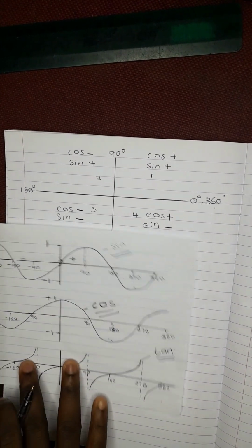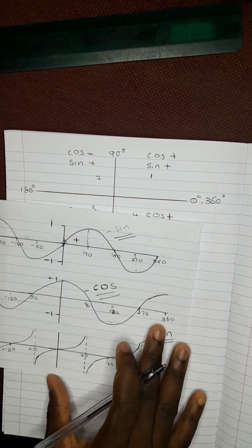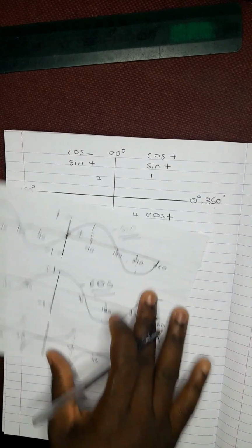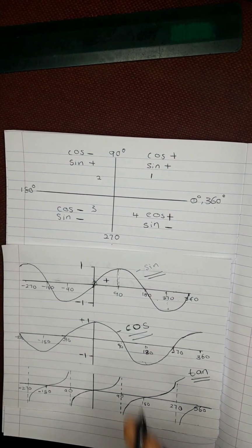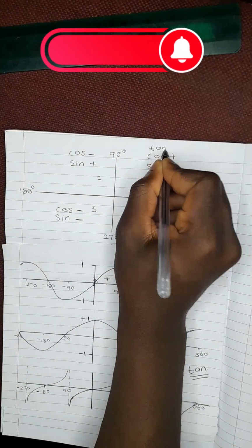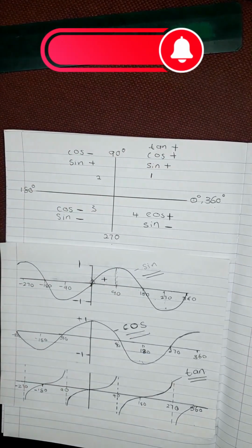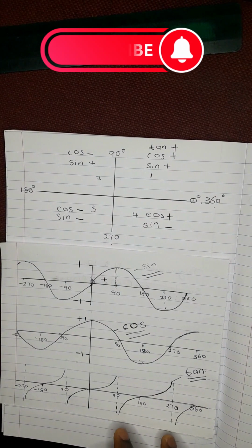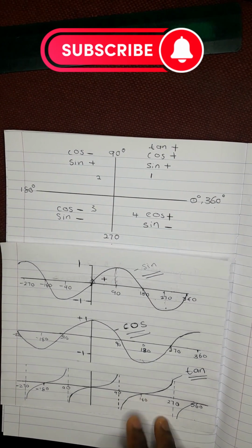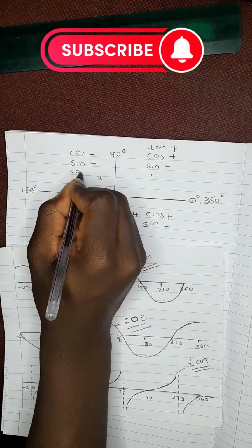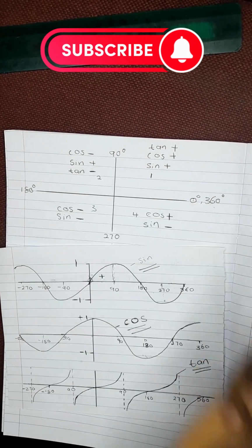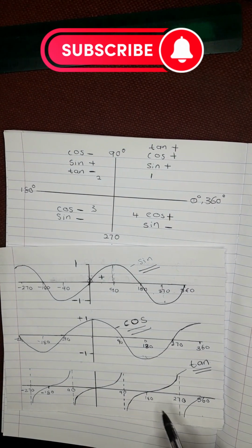Let us go to our tan graph. My tan graph shows that from 0 to 90, my tangent is positive. From 90 to 180, my tangent is negative.